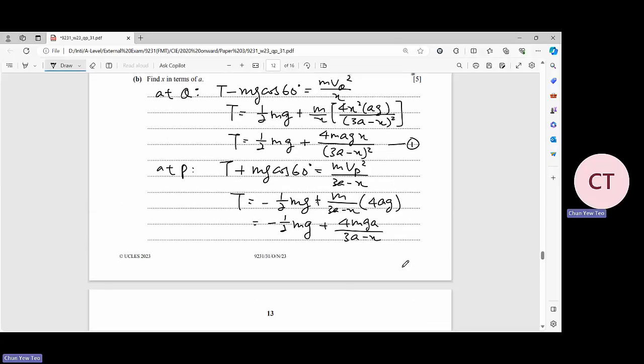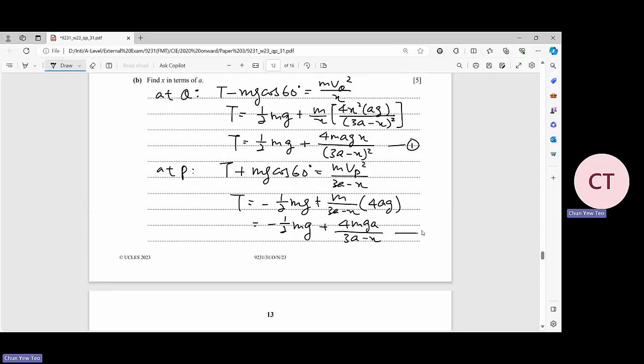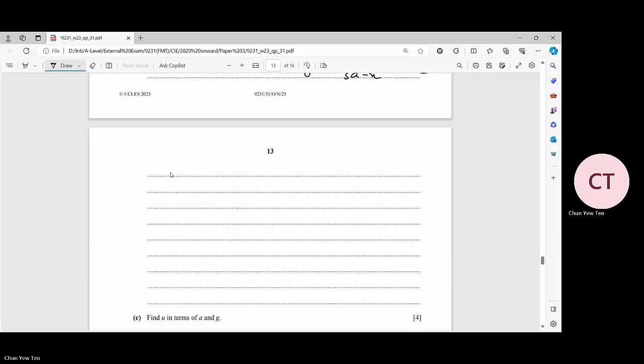Okay, so that will be equation number 2. Equation 1 and equation 2 are the same.